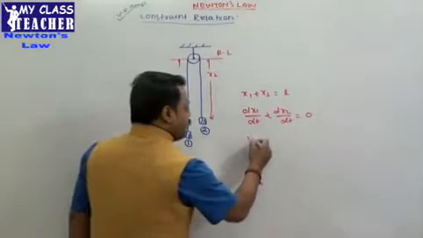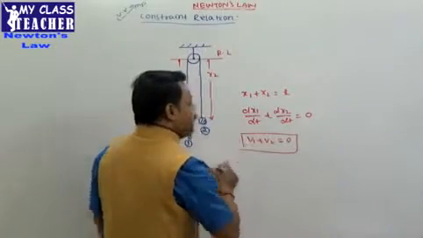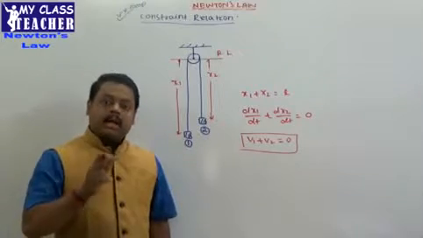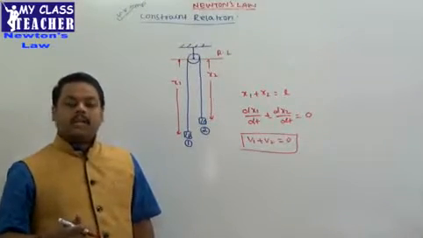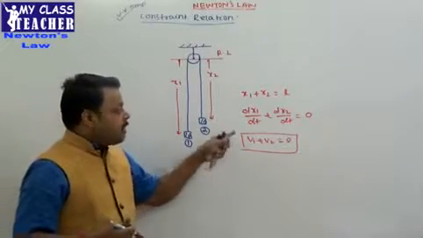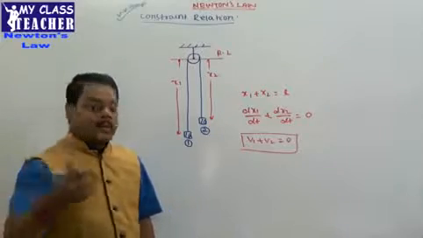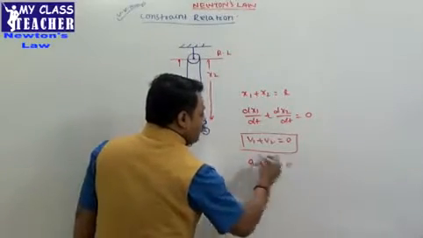So finally, this V1 plus V2 is equal to 0, जो हमें पता था, that is being derived here, V1 plus V2 is equal to 0. If V1 plus V2 equal to 0, that means the velocity vectors of two objects are equal in magnitude and opposite in direction. Similarly, if the velocity vector relation is established, you go for another differentiation, one more differentiation. That means A1 plus A2 also will be equal to 0.